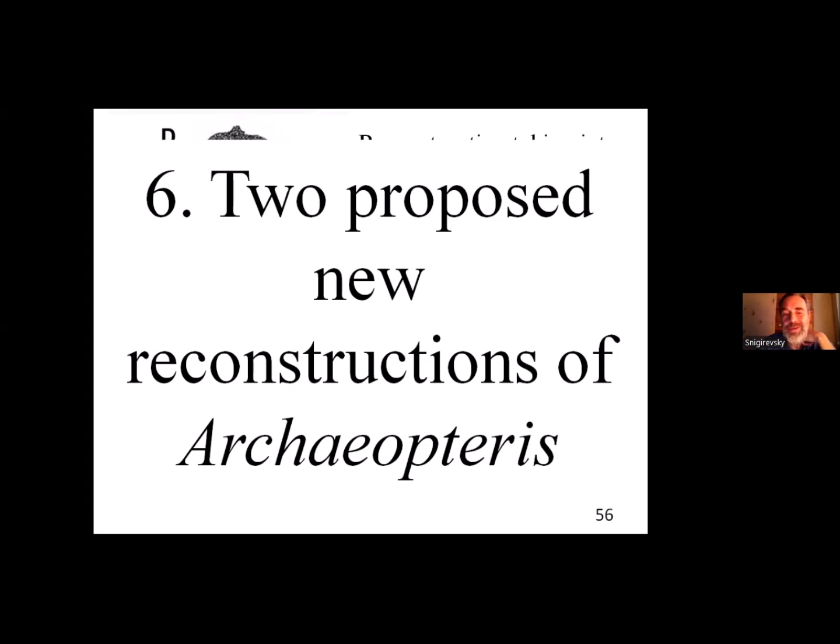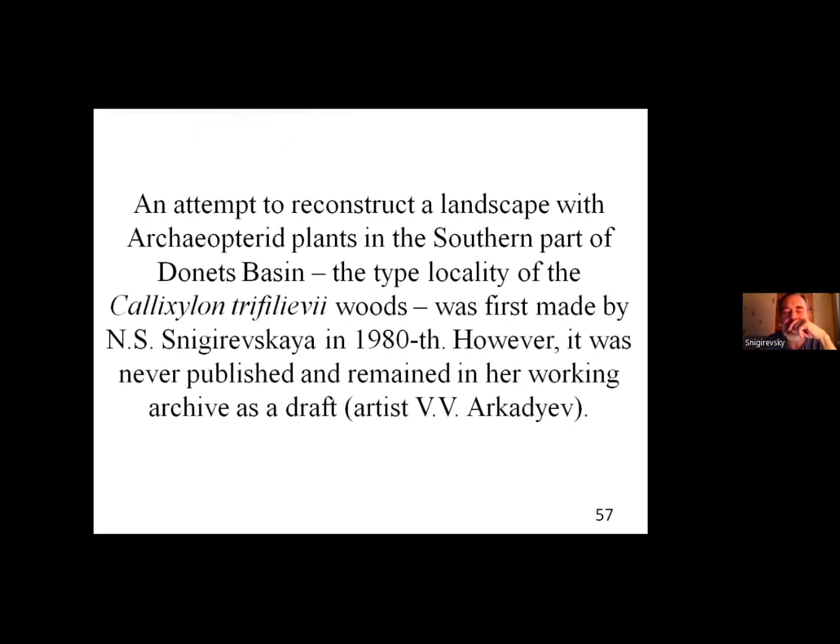When we looked at the history, the first attempt at reconstruction of the plants in the type locality of Callixylon was made by Natasha Snigirevskaya, but it was not published.